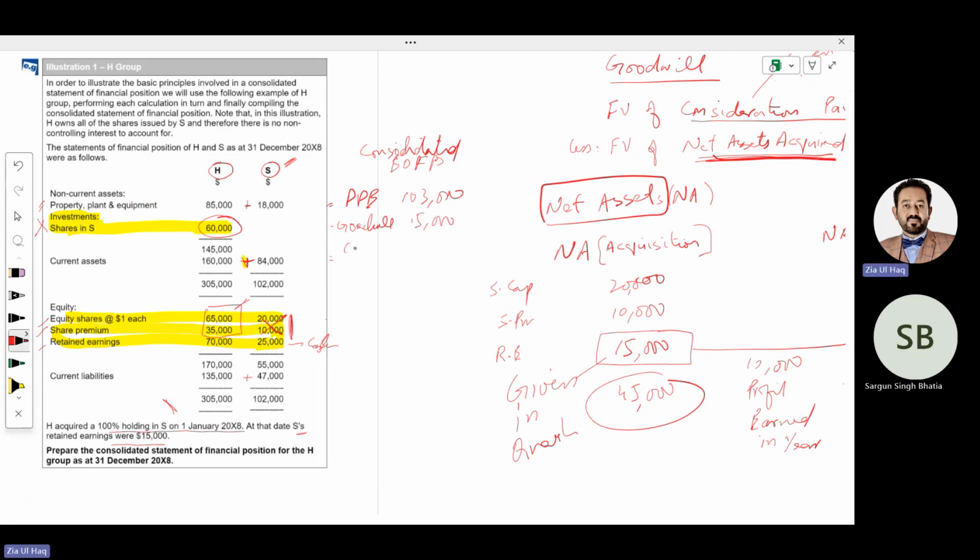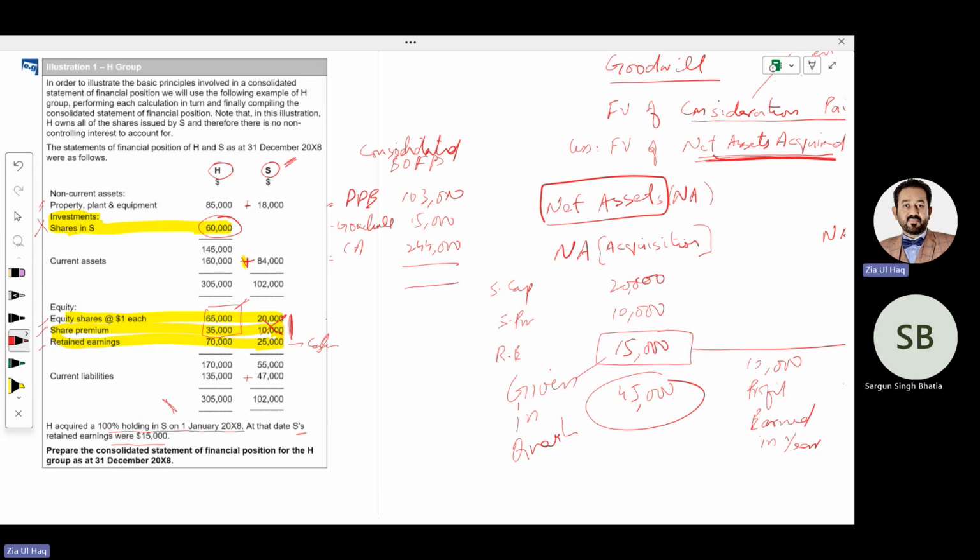Current assets, we will add them: 160 plus 84, 244, 244,000. So this will be our total assets.